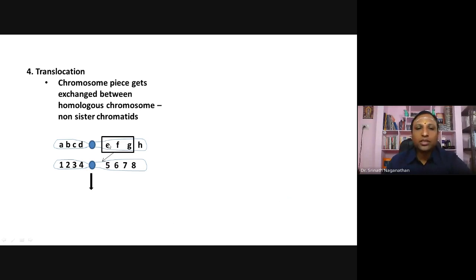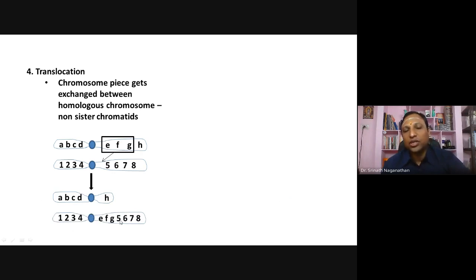EFG gets inserted in the other homologous chromosome, and the first chromosome becomes ABCD and H. So the size of this chromosome decreases, and the other one has an increased size with additional features of E, F, and G.